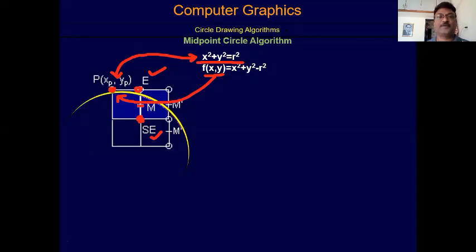The minimum requirement to draw the circle is that you have to read the center of the circle and the radius r.